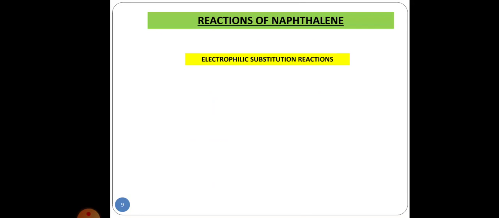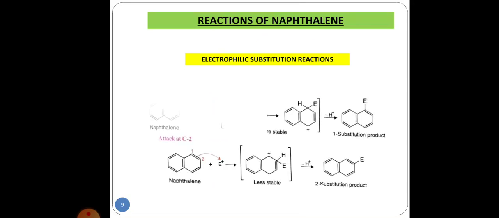Coming to the reactions of naphthalene. In this, we will be seeing the electrophilic substitution reactions of naphthalene.